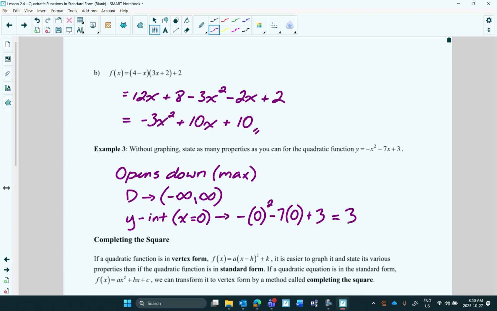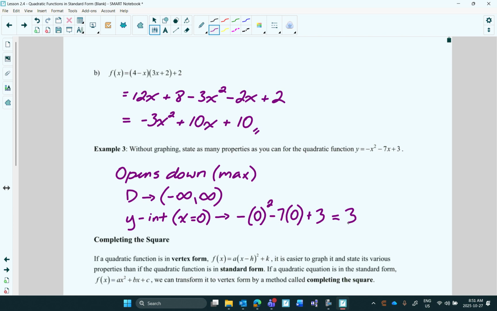That's pretty much it. Okay? So if I have something in standard form, it's going to be hard for me to state all the properties. If it's in vertex form, I can.